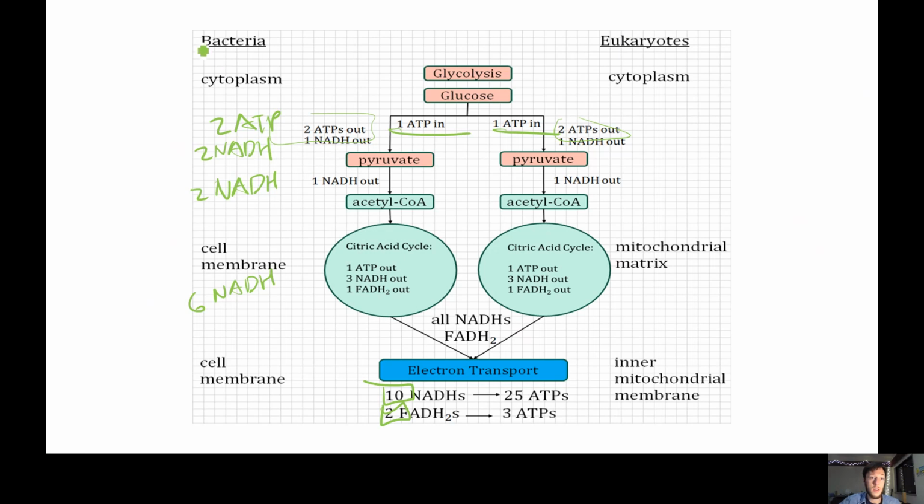One thing to note is that bacteria, which are prokaryotic, are kind of like mitochondria in and of themselves. A lot of times they'll have a double membrane that they can do this process in, like down here where it's talking about the cell membrane.